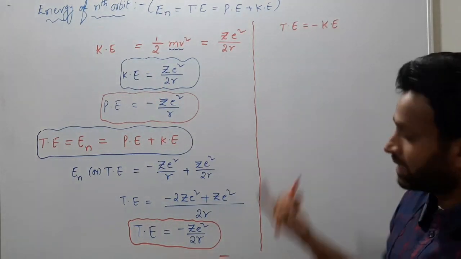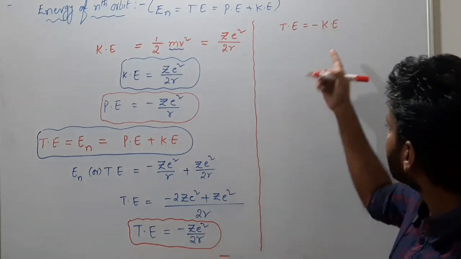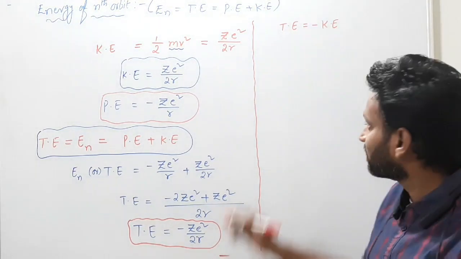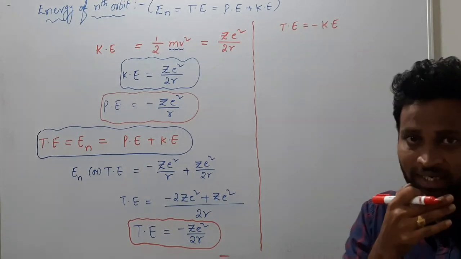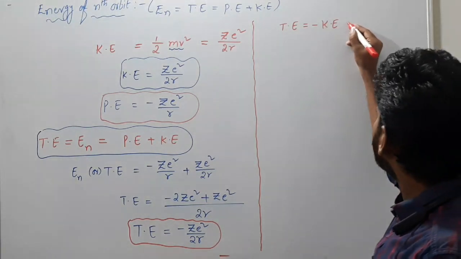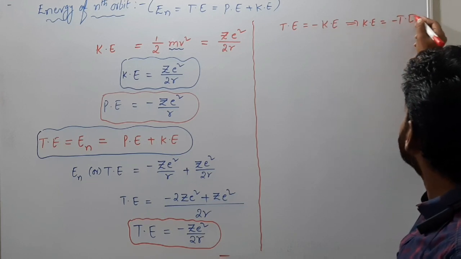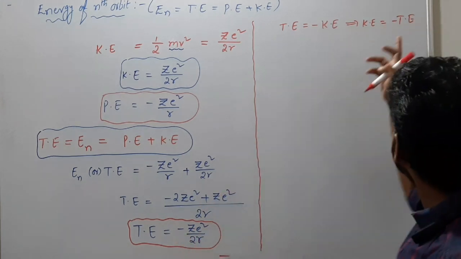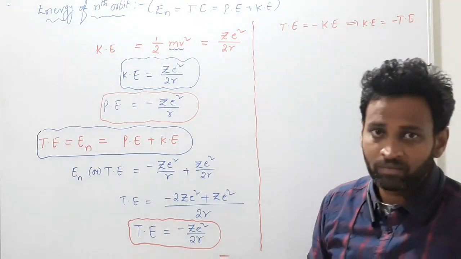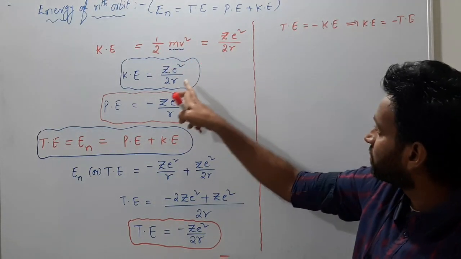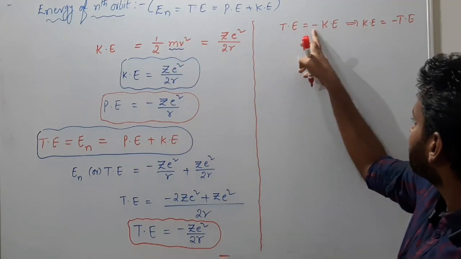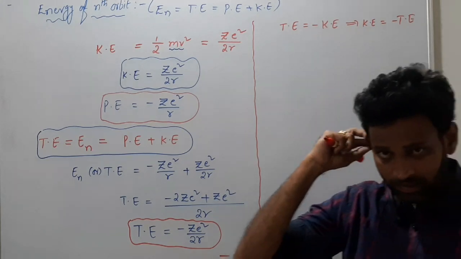So minus of minus becomes plus if you substitute this formula. Otherwise, kinetic energy is equal to minus total energy. For kinetic energy, if you substitute, it is Ze square by 2r, and minus Ze square by 2r is total energy.